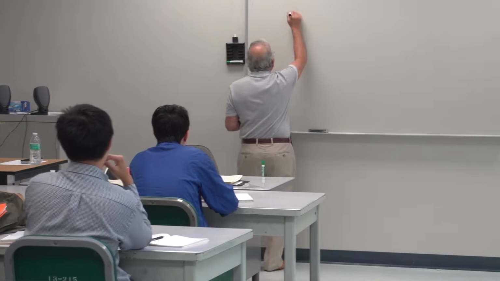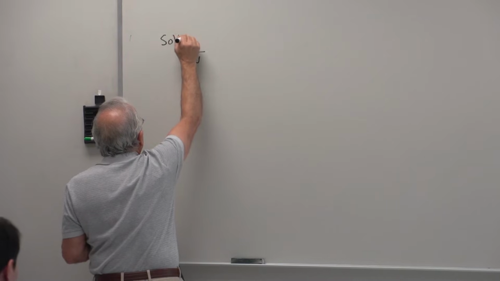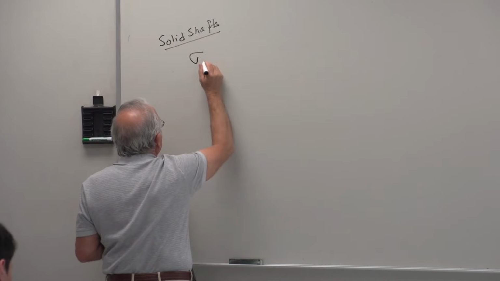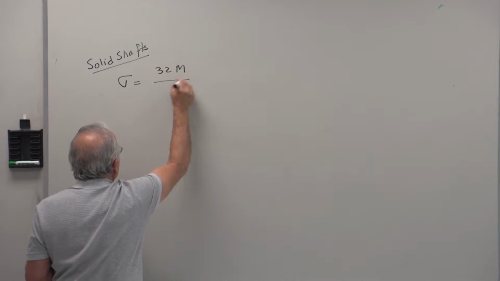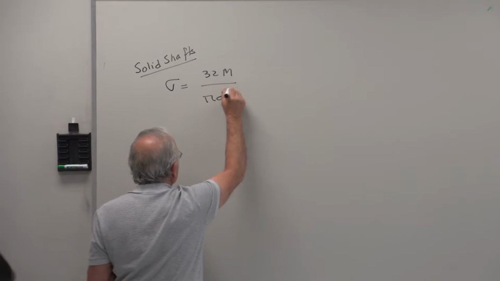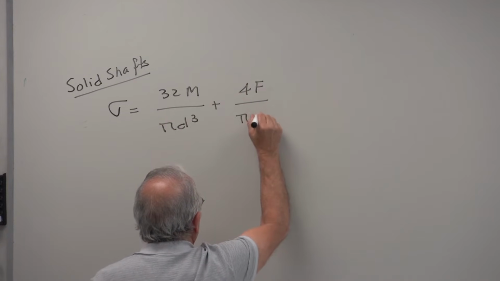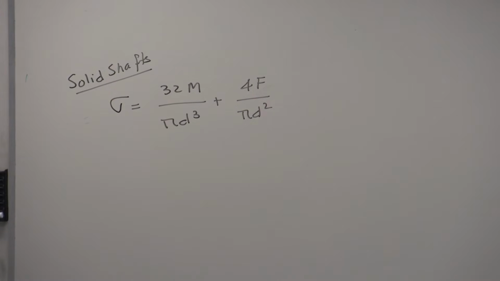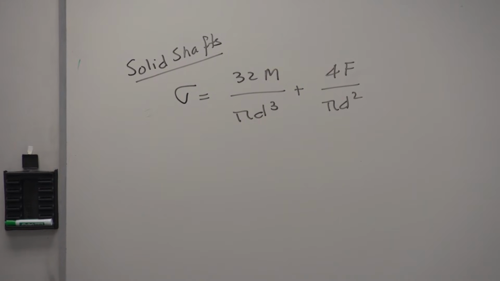Therefore, and this is all for solid shafts, sigma is equal to 32M divided by pi d cubed plus 4F divided by pi d squared. Bending stress, the first expression. Axial stress, the second expression.